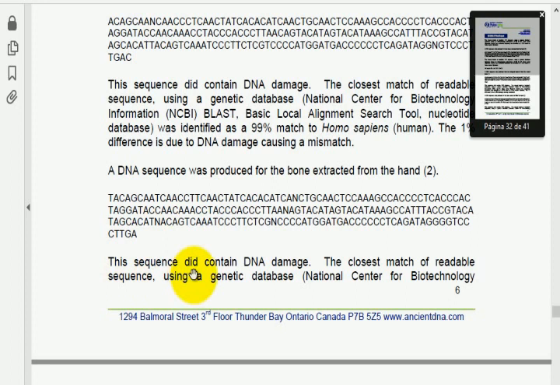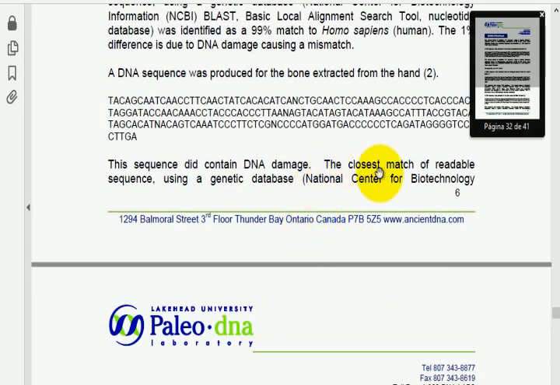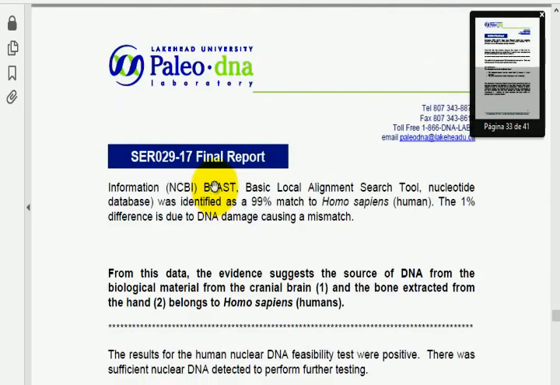Then, the second sample, a DNA sequence was produced from the bone extracted from the hand. This sequence did contain DNA damage. The closest match of readable sequence was identified as a 99% match to Homo sapiens human. And again, the 1% difference is due to DNA damage causing a mismatch.